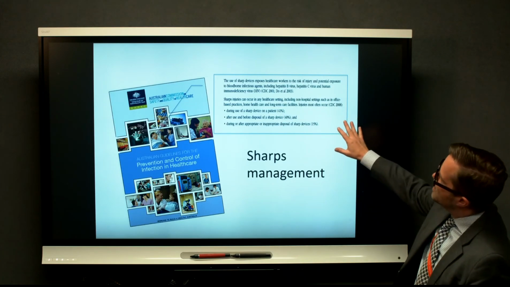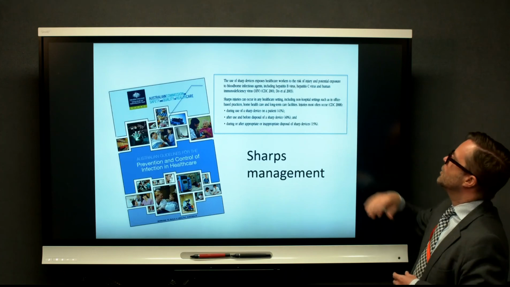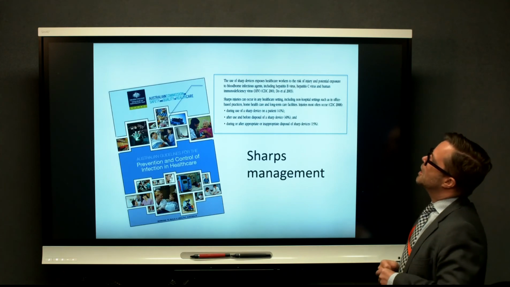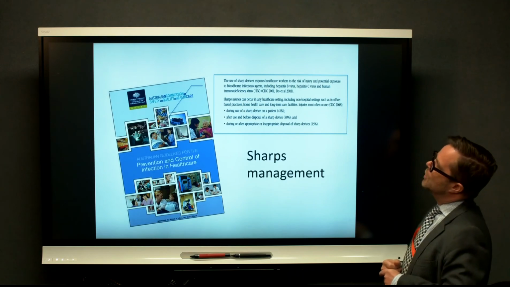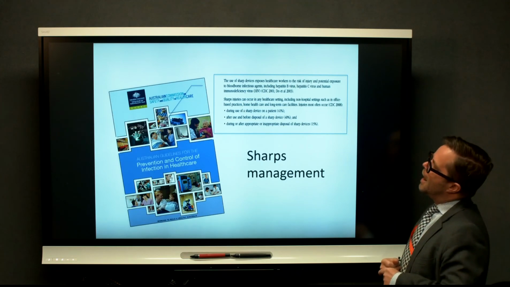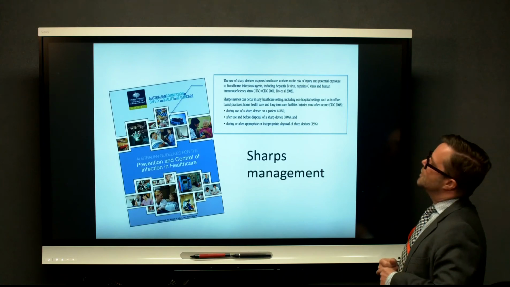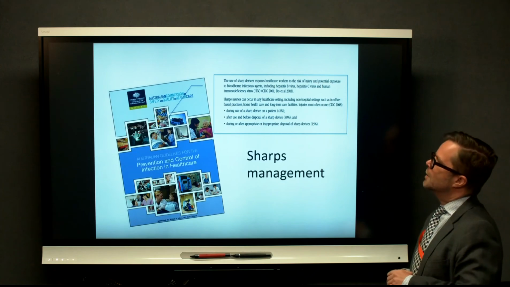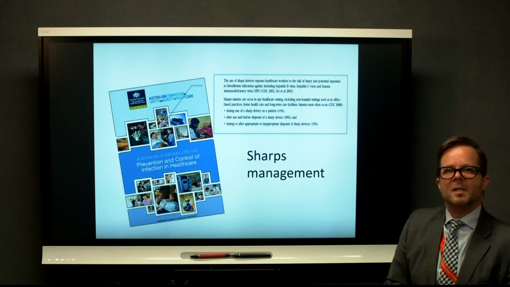We know that sharps injuries do occur in the healthcare setting, and we know from the statistics that sharps injuries are more likely to occur after the use of and before use of device, 40%, during the use of the sharp device, 41%.